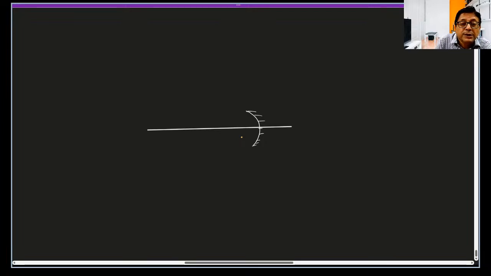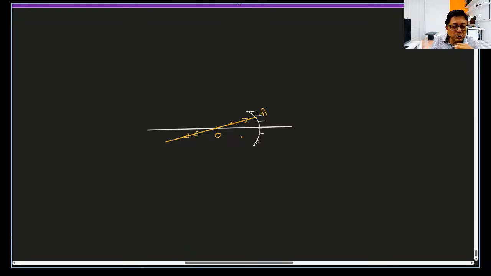This is the center of curvature, say O. Then this is the normal direction only at this point. So if it goes this way, it has to come back this manner.